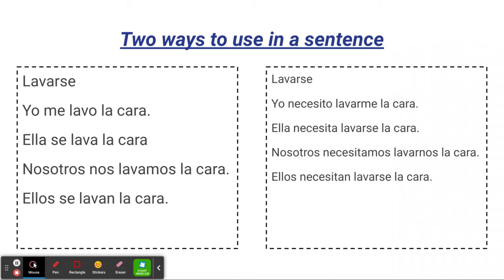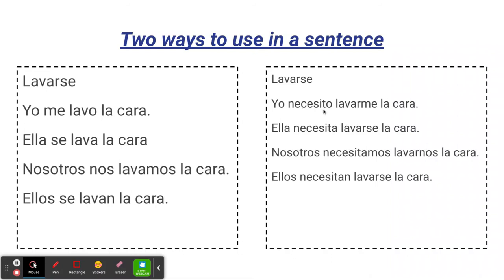So, first example, yo necesito lavarme la cara. Here, we take the infinitive lavarse, okay, and we are not putting se in our pocket because we already have the conjugated verb necesito. Yo necesito.